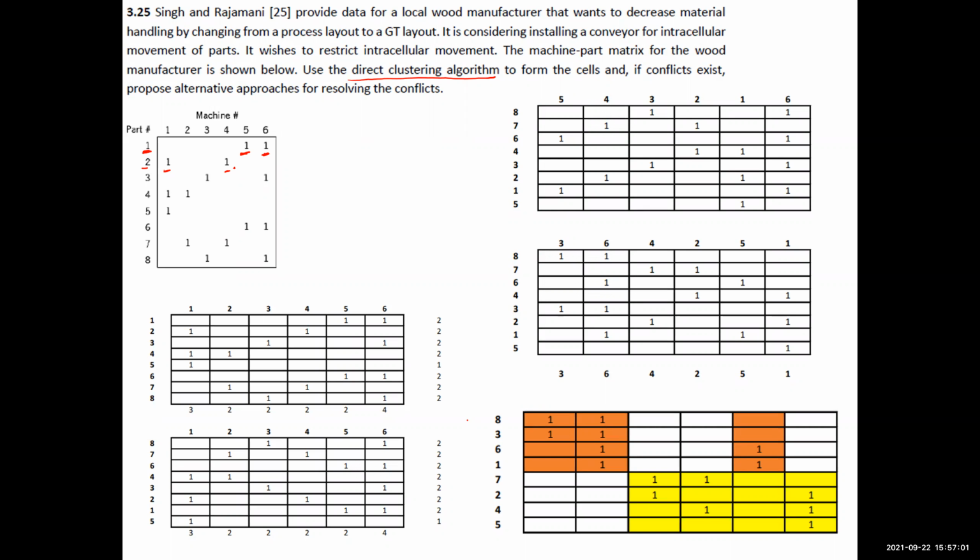Okay, so first thing we're going to do is to look at the totals for the columns and the rows. So that's the information that we have here. These are the totals for the rows, and these are the totals for the columns. So after getting that information, now we start the sorting.